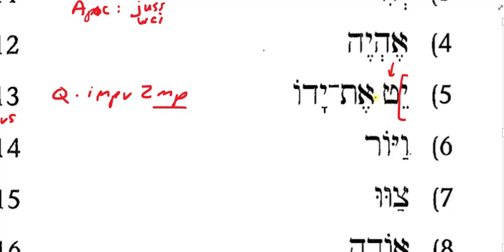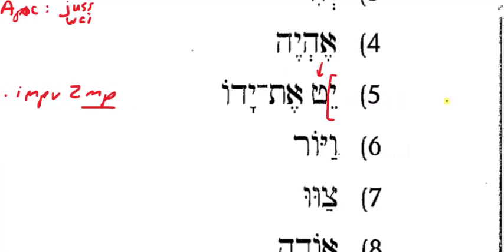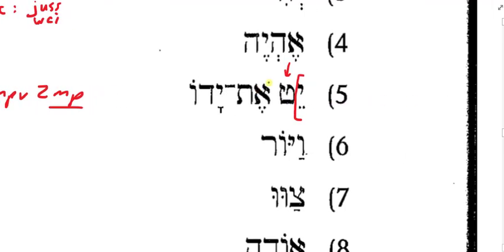How would I reconstruct what the 3 root spots would be? If I only have one root letter, which one must it be? Root 2. That means root 3 would be hey, and root 1 is either nun or yod. Nata or yata. Which one have we learned? Nata, right? And what does nata mean? To extend.